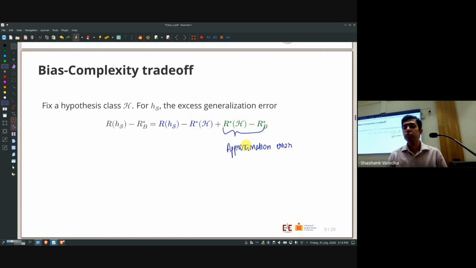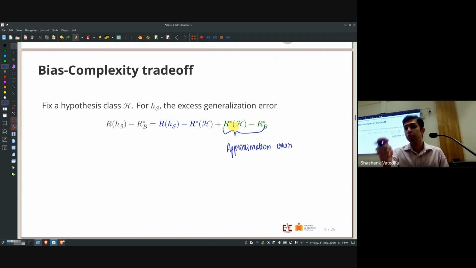But if you chose it to be something else, maybe the true predictor is a polynomial, and instead you chose your hypothesis class to be the set of all linear or affine functions. If you choose a linear predictor whereas the ground truth is actually polynomial, then you incur some amount of approximation error, particularly if it's a polynomial of degree greater than 1. So this approximation error is the error you incur because you chose a bad H, something that doesn't represent the actual ground truth.